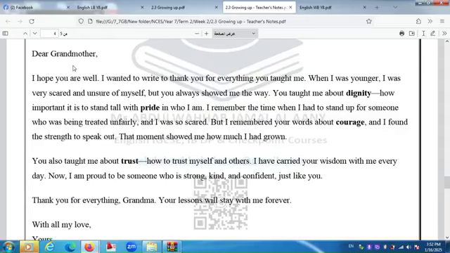Dear grandmother, I hope you are well. I wanted to write to thank you for everything you taught me when I was younger. Remember, the granddaughter now is a mother. I was very scared and unsure of myself, but you always showed me the way. You taught me about dignity, how important it is to stand tall. I use the same thing, by the way, with the pride in who I am.